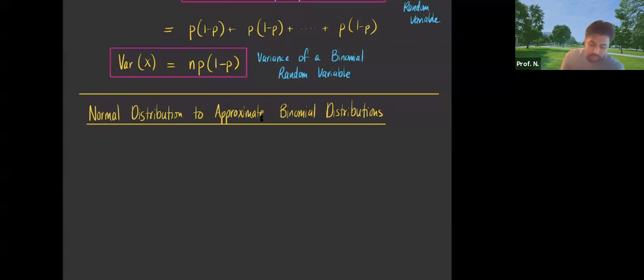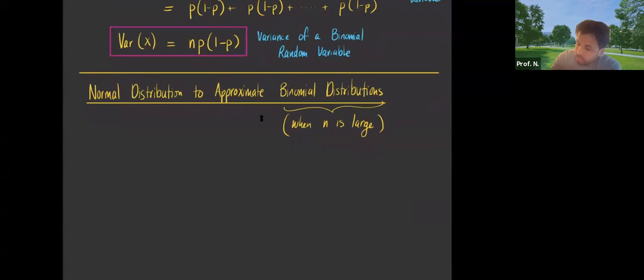So what do I mean by that? The normal distribution is used particularly when n is large.